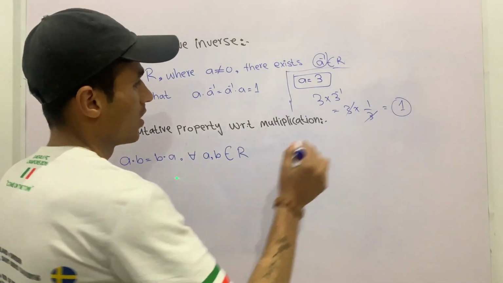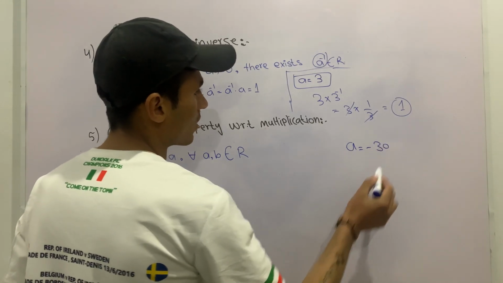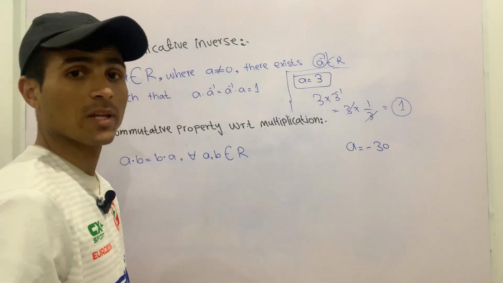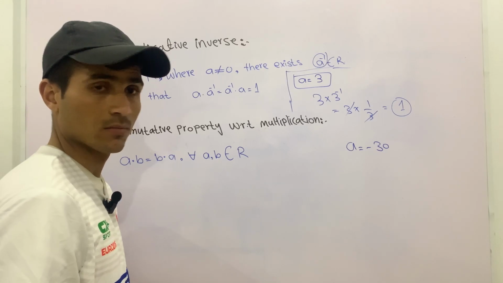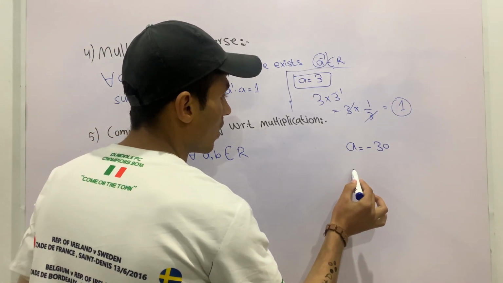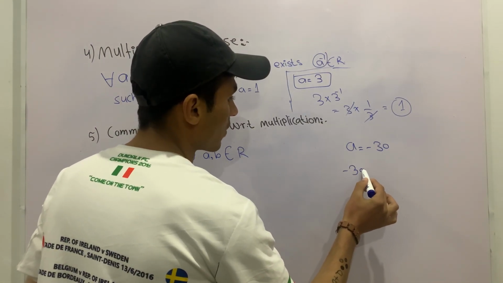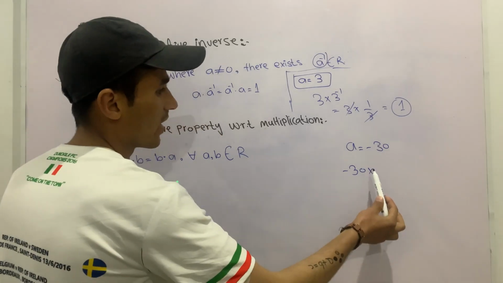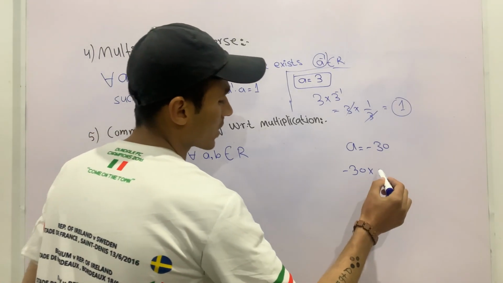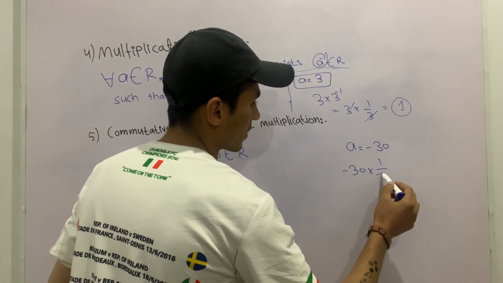Next example. If A equals minus 30, what is its multiplicative inverse? Look here. Minus 30 multiplied by 1 over minus 30.